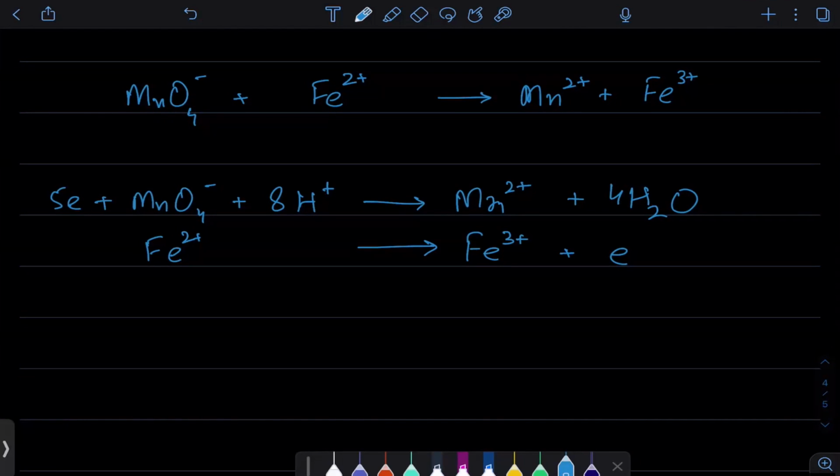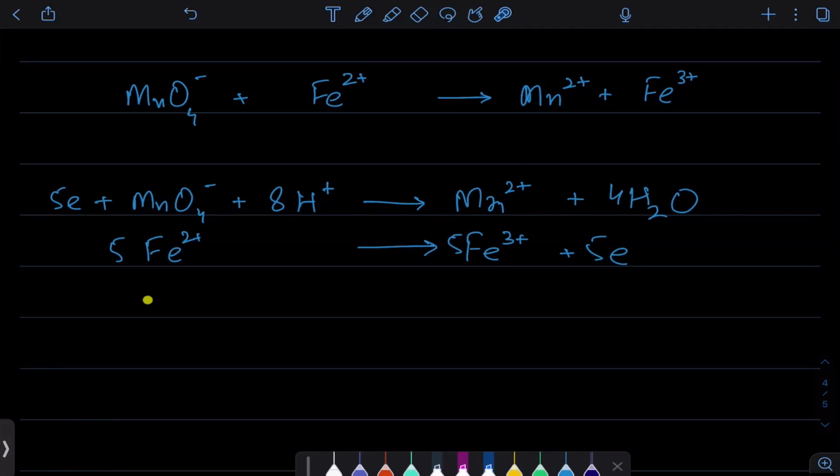Now 5 electrons have been gained, so how do I do this here? Where do I get 5 electrons from? By multiplying everything here by 5. Now let's see, is this balanced overall? 5 electron is -5. -5 -1 +8. That is what? +2 overall. The equation is balanced. +2 on the left side, +2 on the right side.